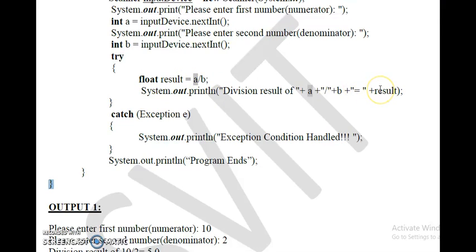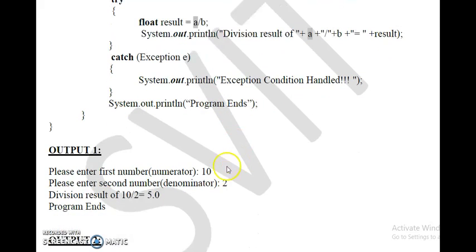Print the result as 5.0. It enters the try block and finds that it does not raise an exception. Hence it ignores the execution of the catch block, then jumps to the next line after the catch block, which says program ends.